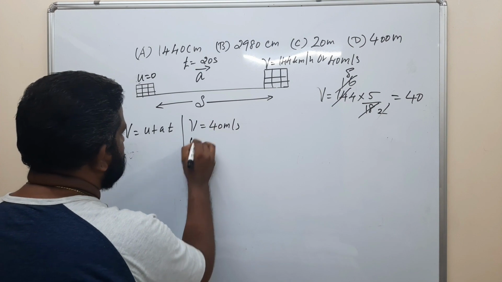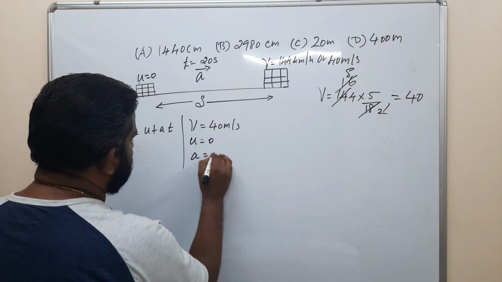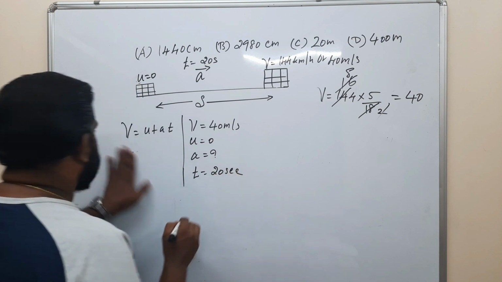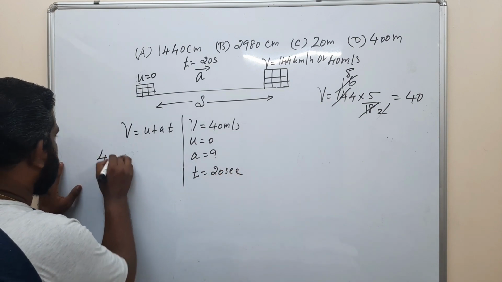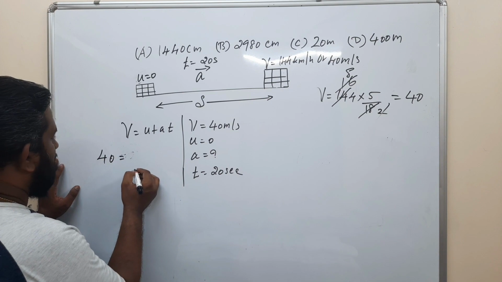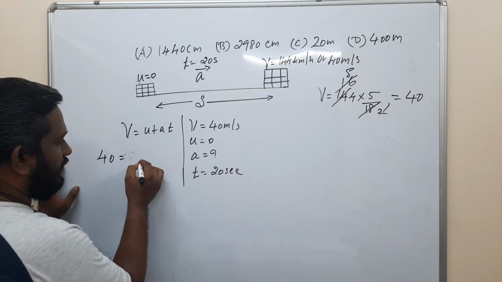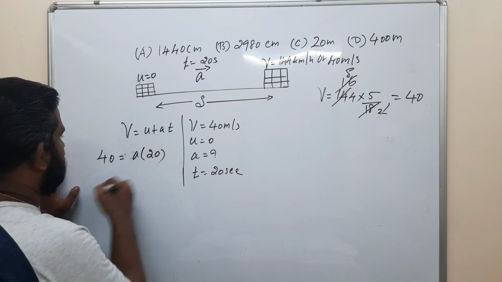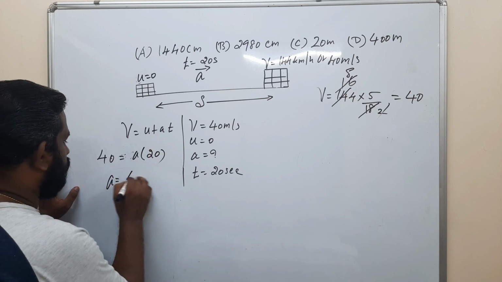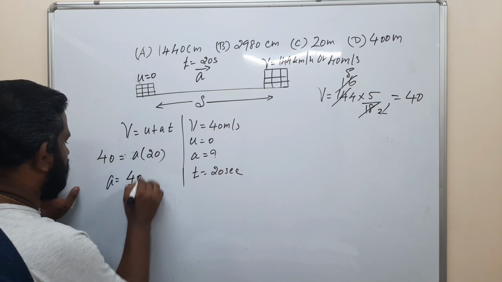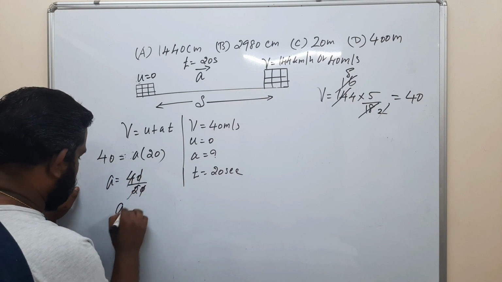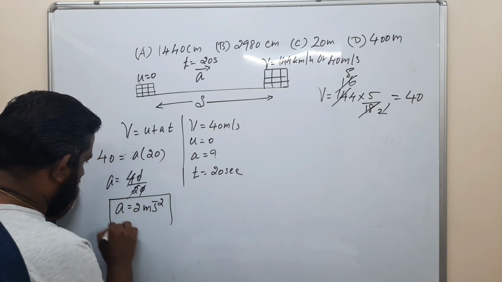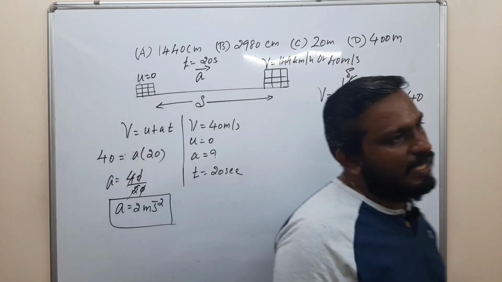Initial velocity u is equal to 0. Acceleration we have to find out. Time is equal to 20 seconds. So 40 is equal to 0 plus a into 20 seconds. So a is equal to 40 by 20, that is 2. So a is equal to 2 meter per second square. That is the acceleration.